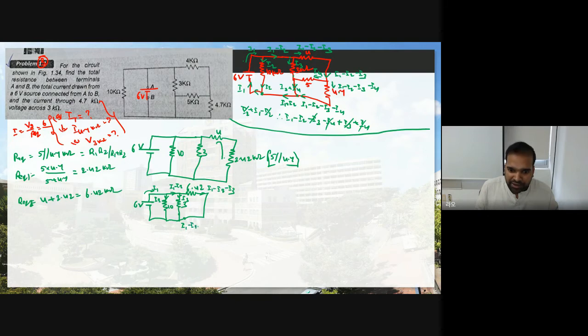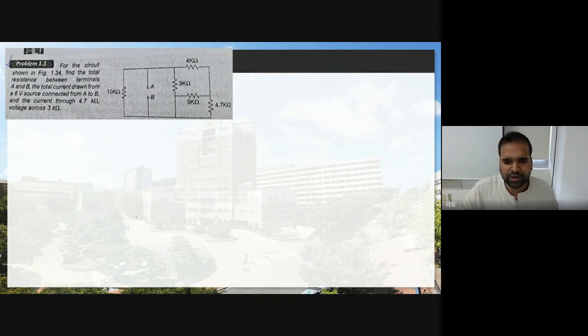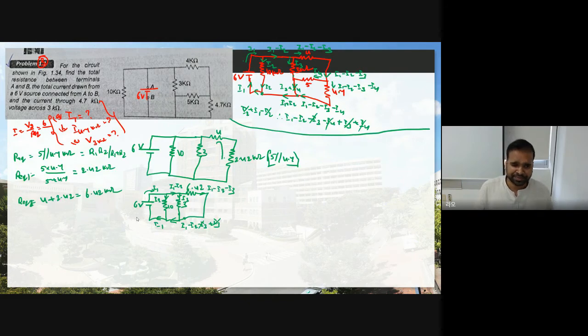I1 minus I2 minus I3 plus I3. Yes, the current will get added. Now here how much current? I1 minus I2. Now here I2 current is coming. If you add, this is I1. Now see, I1 current is going from the source and I1 current is coming to the source. Okay. Now the current assumptions are correct.